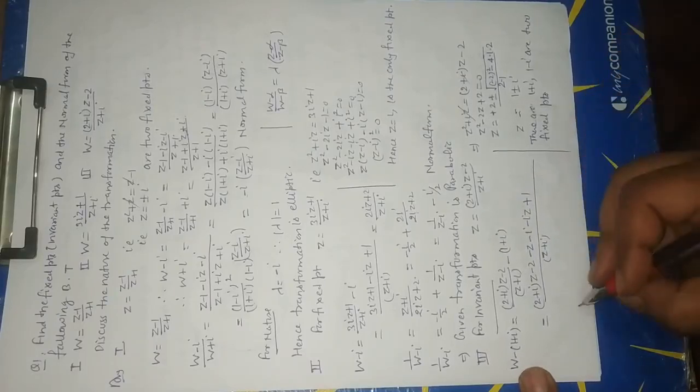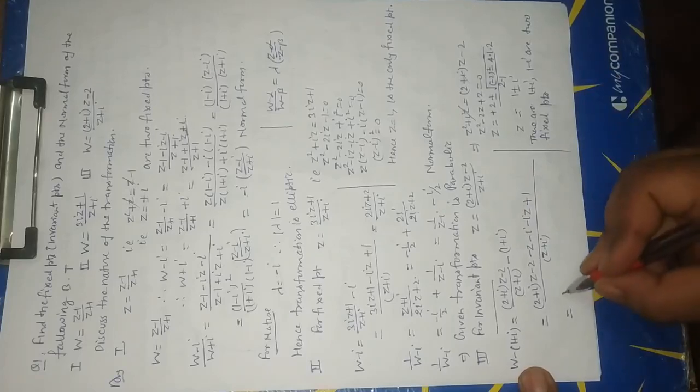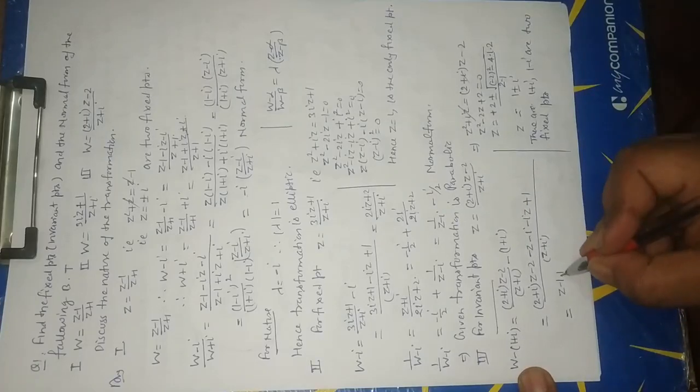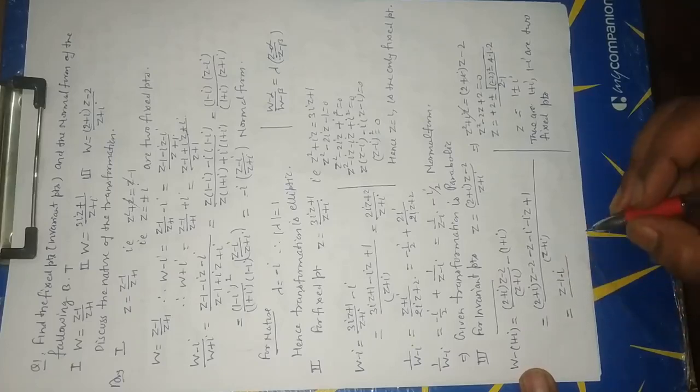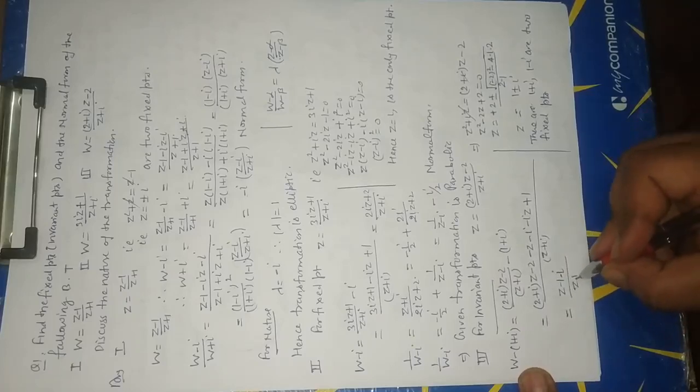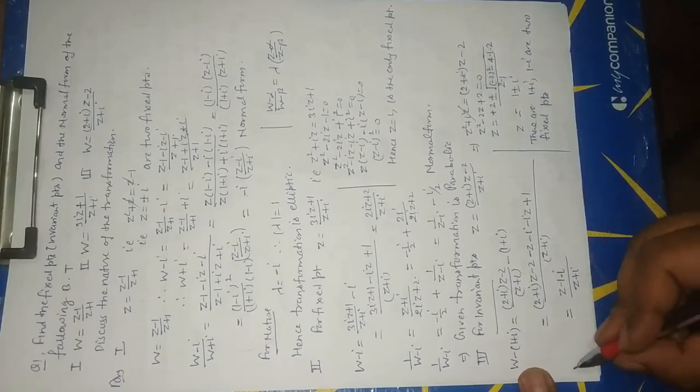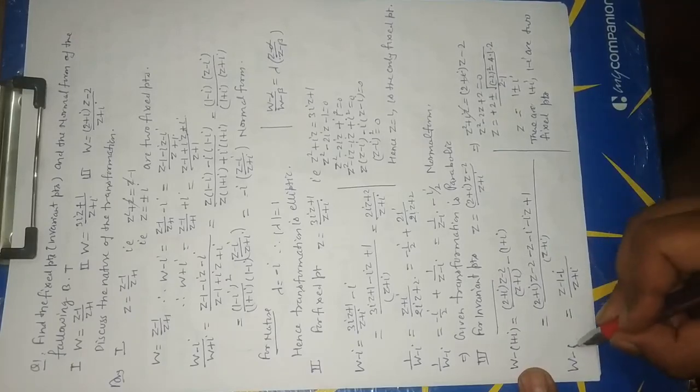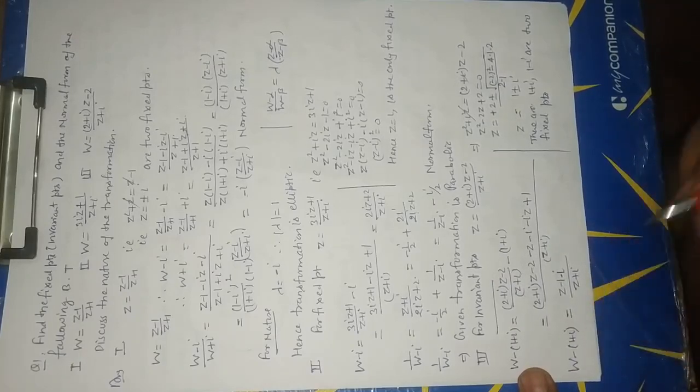This is equal to z minus 1 minus i upon z plus i. This is the value of W minus 1 plus i.